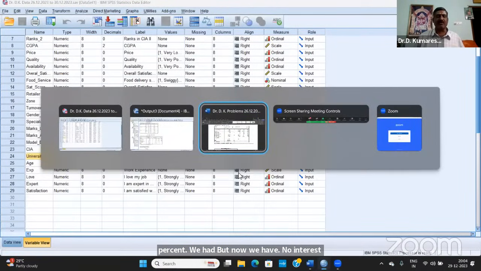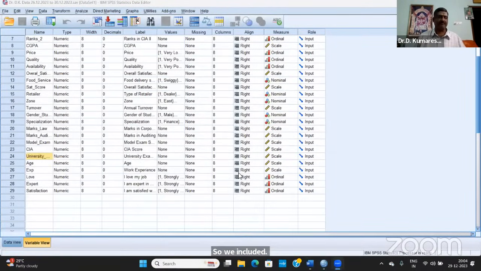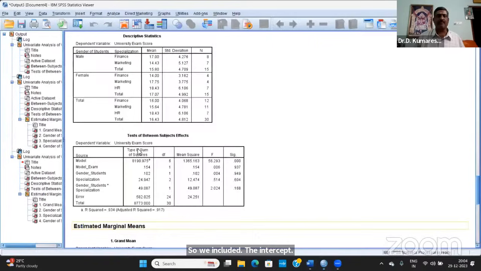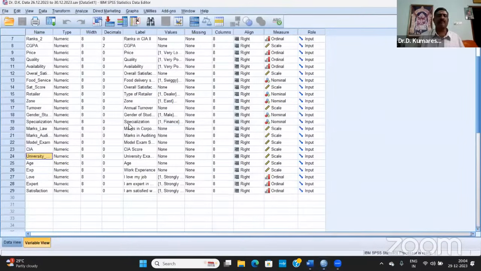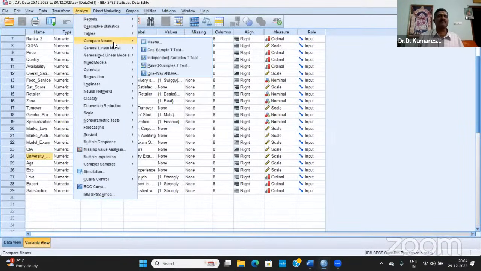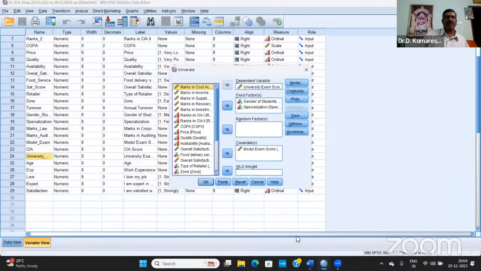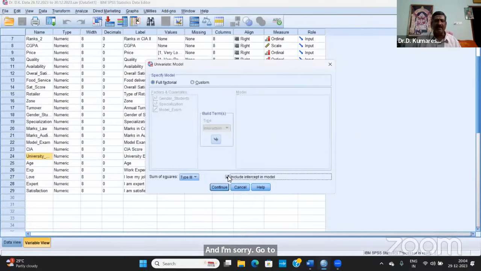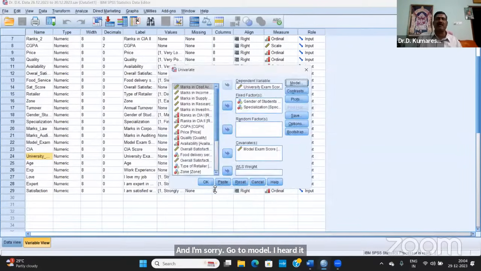So we include the intercept. Analyze, general linear model, univariate, go to options, add intercept, go to model, add intercept in the model, then continue, then come to the options.